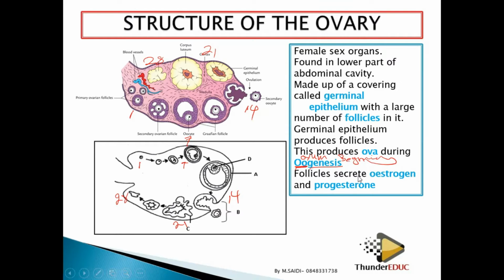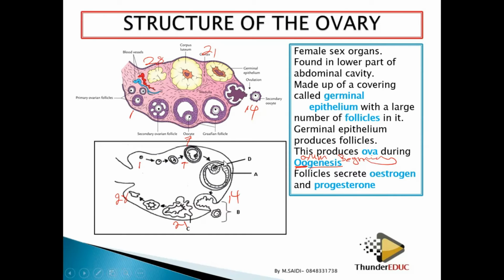Once this Graafian follicle develops, as it develops, it starts to produce a hormone called estrogen. And then once the ovum is released, the follicle changes to corpus luteum. The corpus luteum will start to produce another hormone called progesterone.